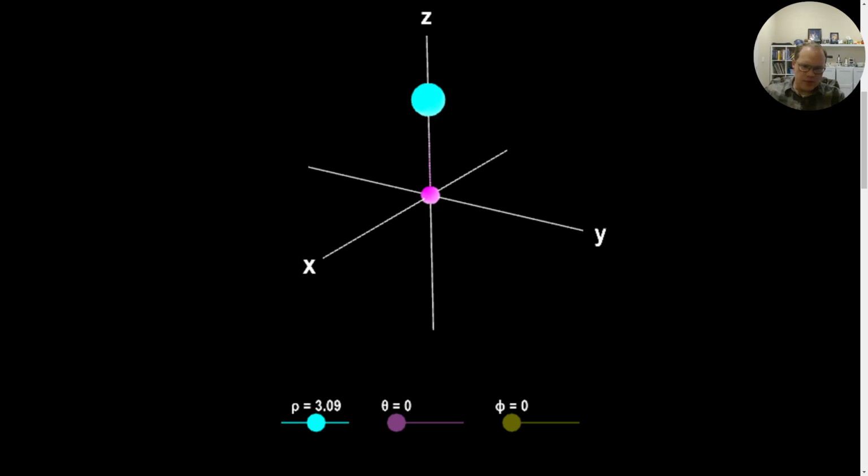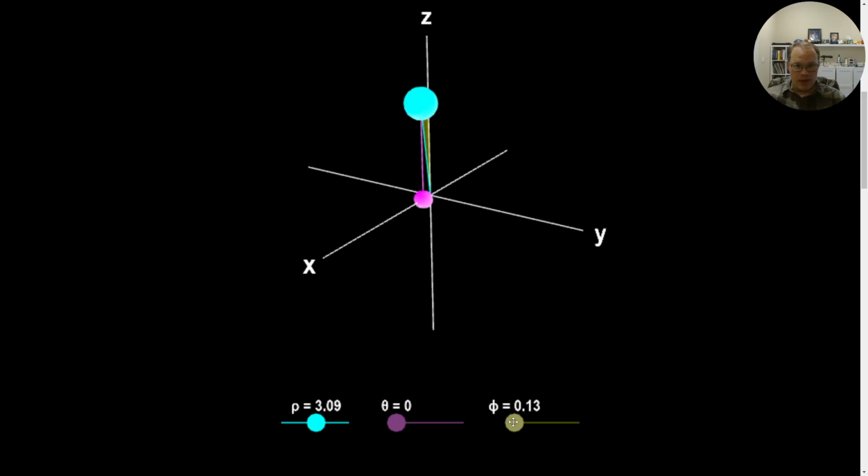I wanted to give you some intuition on how these spherical variables work, how we can plot points with them. Okay, so the big circle here represents the point. We're going to manipulate our spherical variables and see what happens to that point. So let's start with phi.